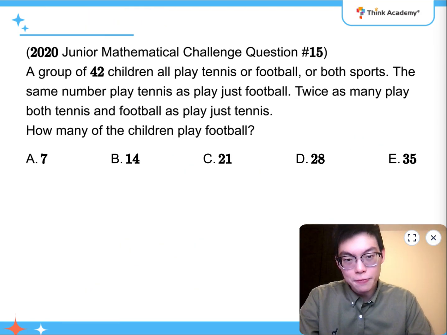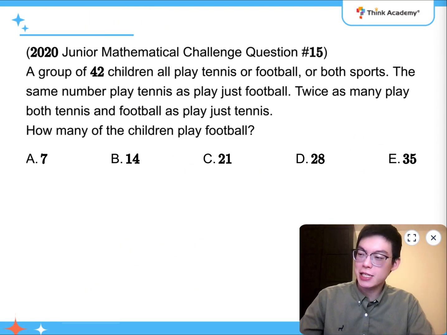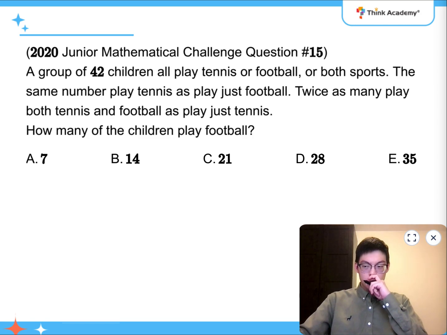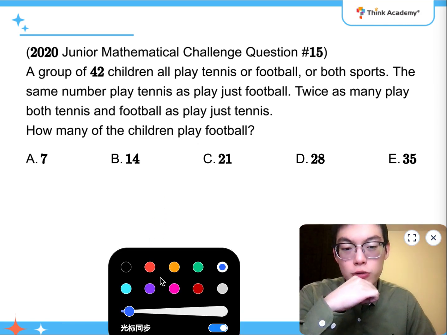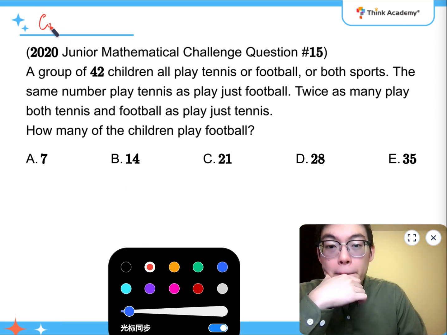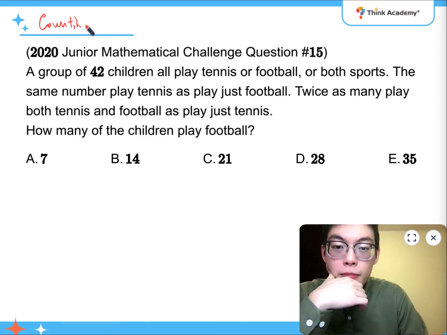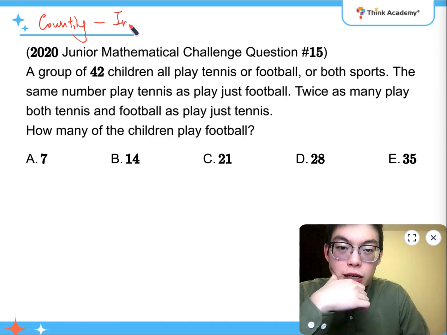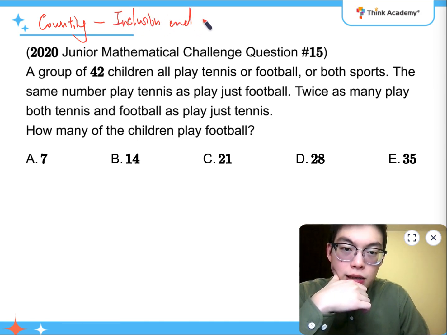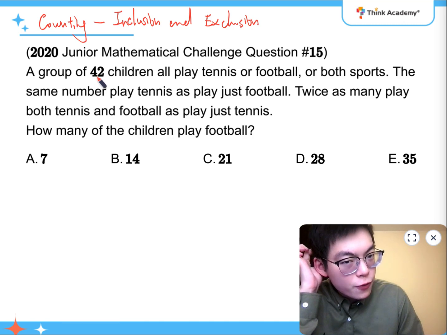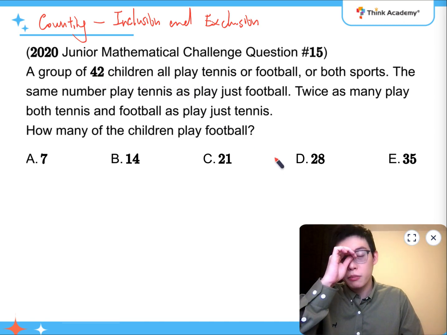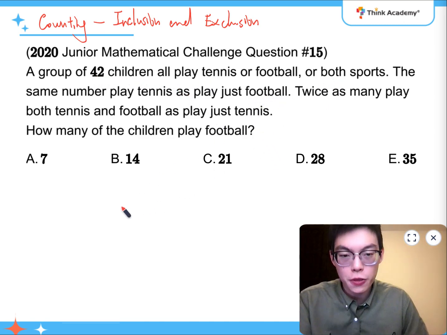And the last one, question 15. This is an inclusion and exclusion problem, so it belongs to the counting module. It says that a group of 42 children all play tennis or football or both.